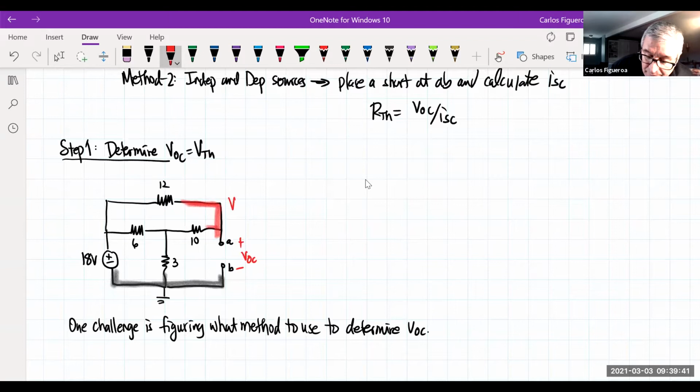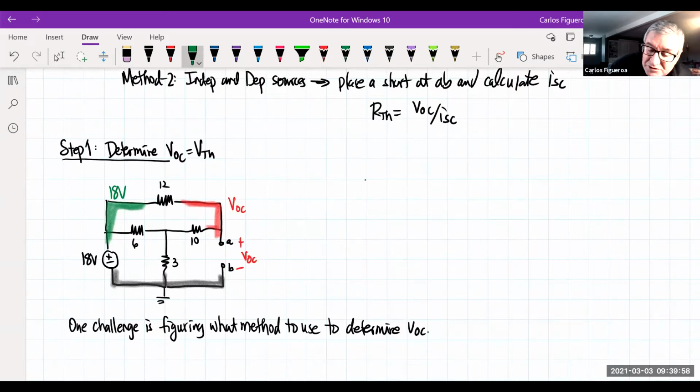VOC. Right? B is the ground. I'm going to make that VOC. So then I know that this node right here has to be 18 volts.